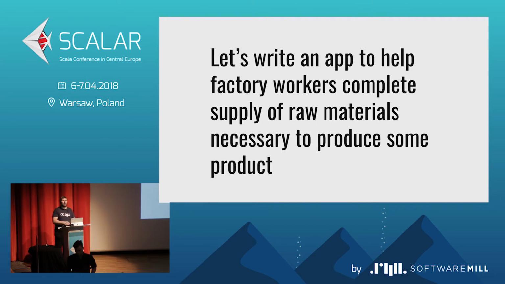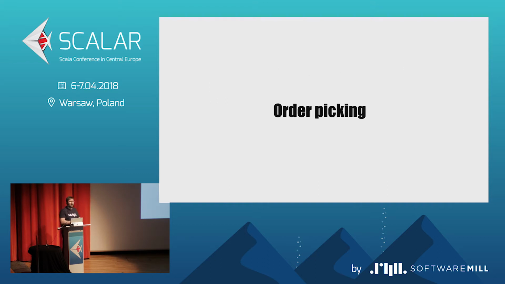And assume I'm working at a company that does software for factories, and I'm commissioned to write an application that would help to gather all the raw materials necessary to finish a production job. It even has a name. It's called order picking, and it's quite a common application of software, for instance, at Amazon and every warehouse.